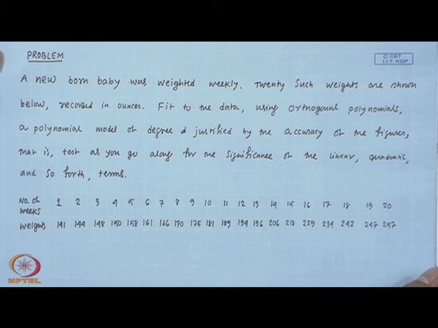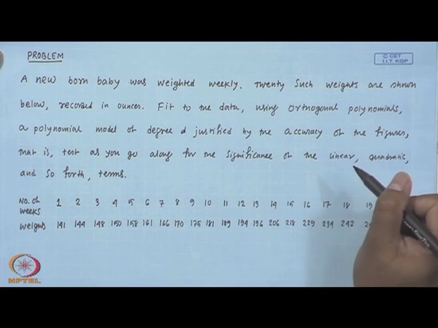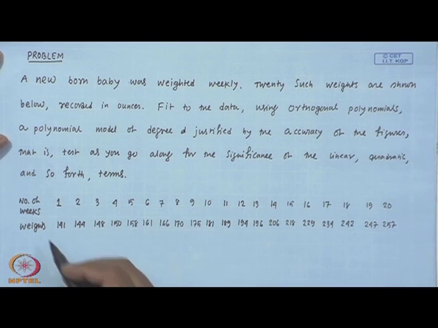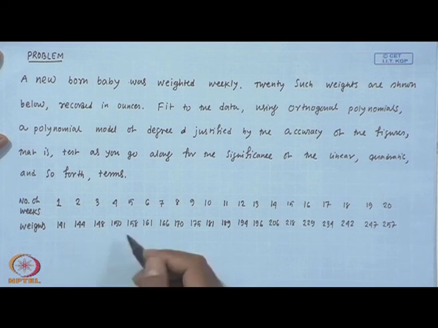The problem is that a newborn baby was weighed weekly, and 20 such weights are shown below. So, this is the first week, the baby has weight 141 ounces. Similarly, for 20 weeks the data are given.